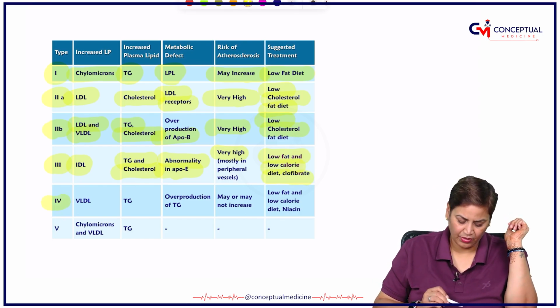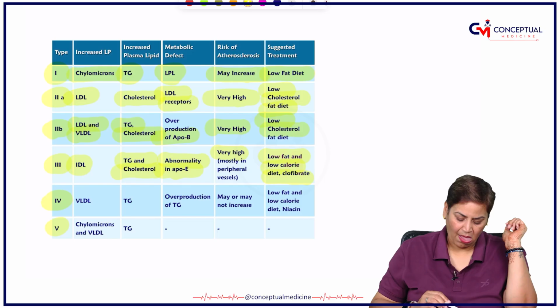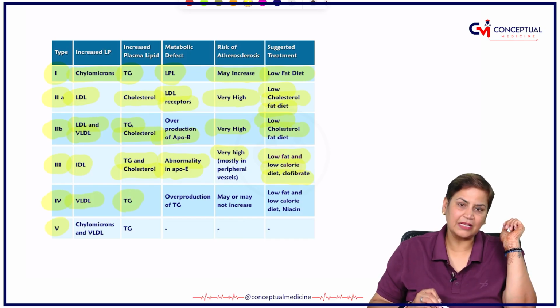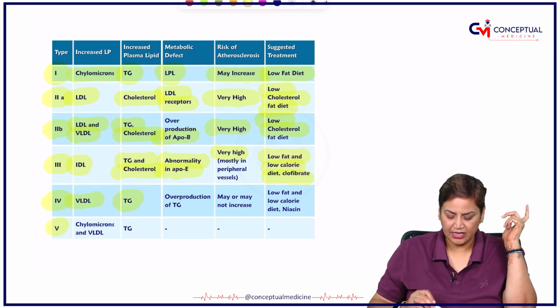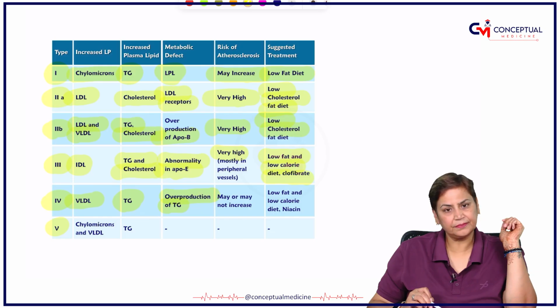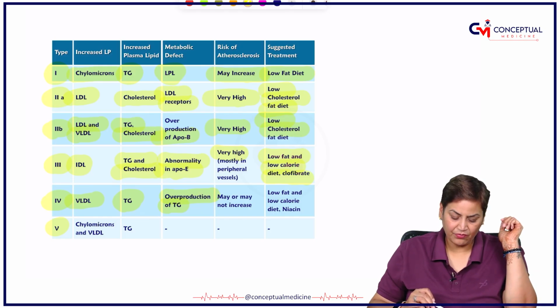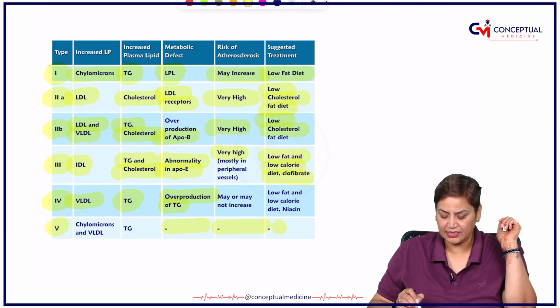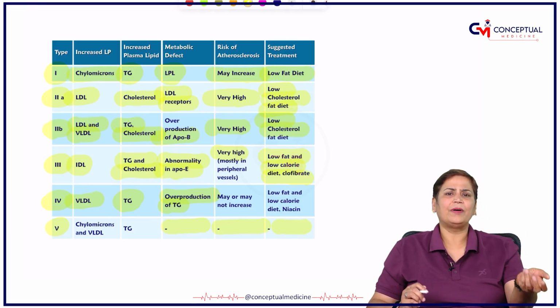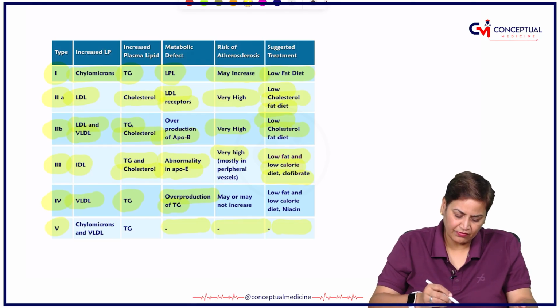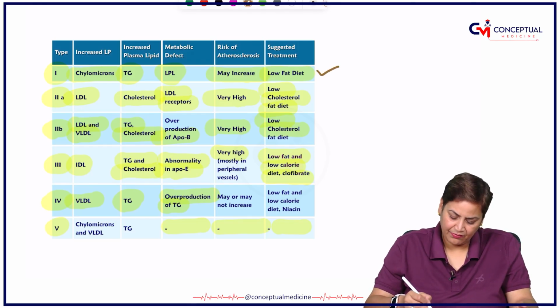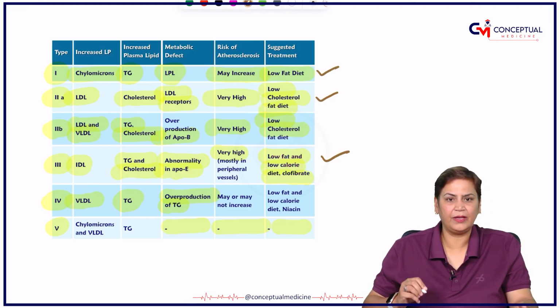Then comes type 4 and type 5. In type 4, increased lipoprotein is VLDL, increased plasma lipid is TGs, there is overproduction of TGs. In type 5, the molecular defect is still unknown, risk is still unknown, and it is not properly studied. But the most important ones which you have to study are type 1, type 2 and type 3.